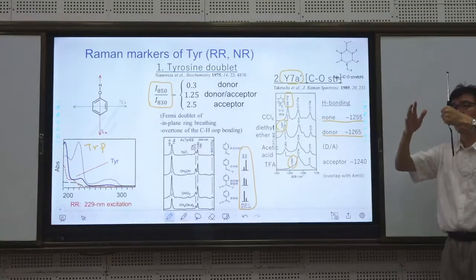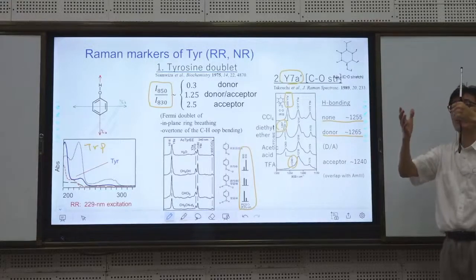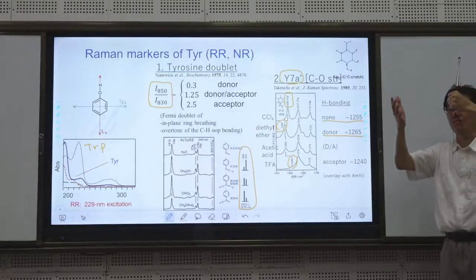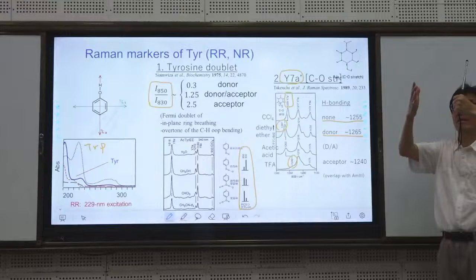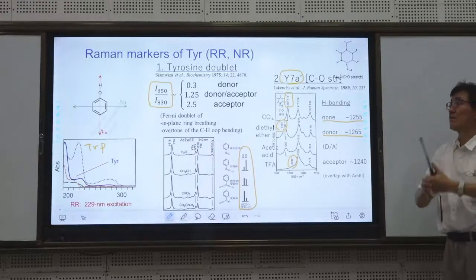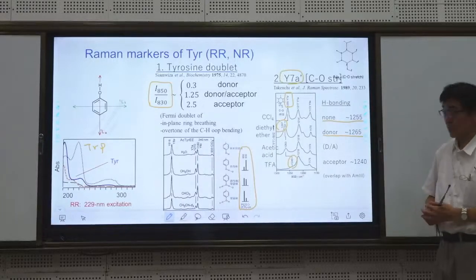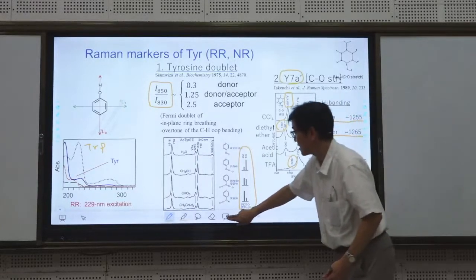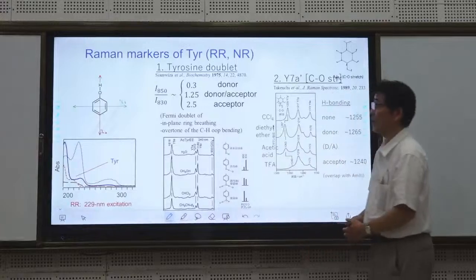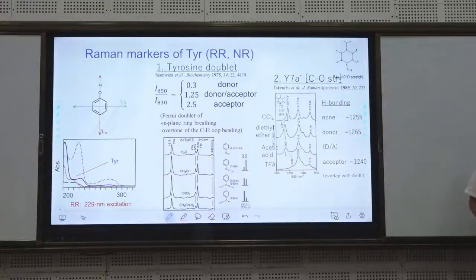Then we can analyze what the structure change is, how it accepts the ligand with the tyrosine plane, tryptophan plane. So this kind of information is very useful to discuss what happens upon ligand binding.